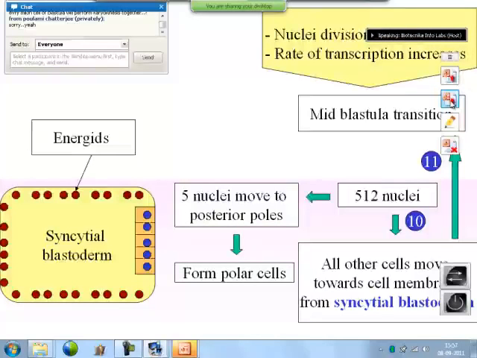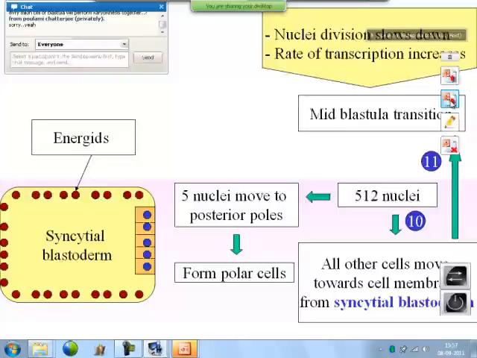Earlier, till the 11th cleavage, the duration of nuclear division was 8 minutes. After every 8 minutes each and every nucleus in this syncytial blastoderm was dividing.